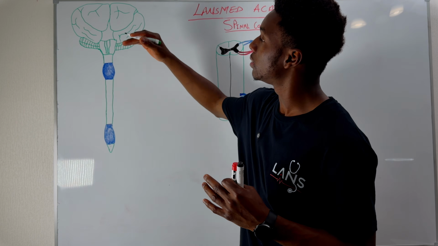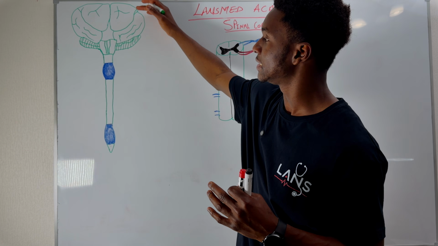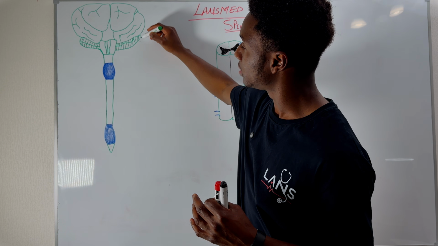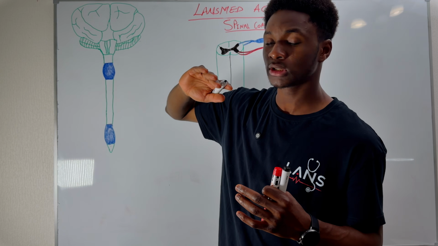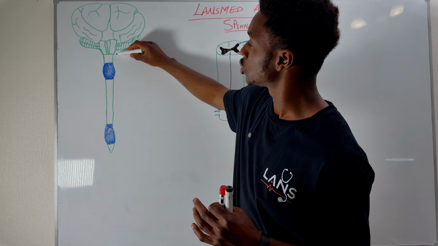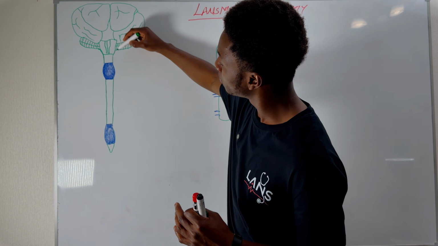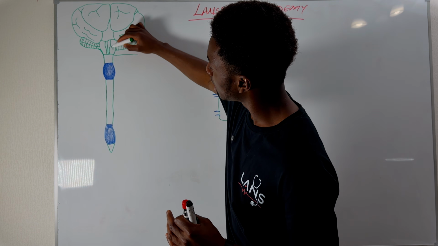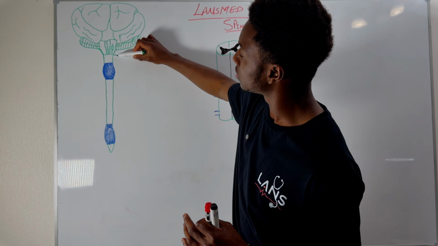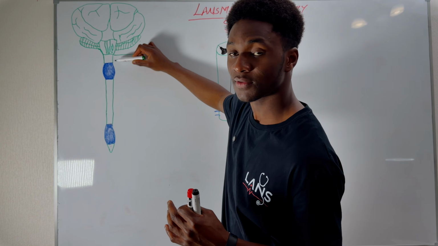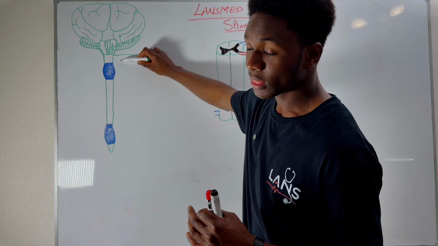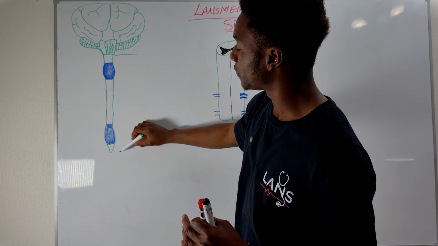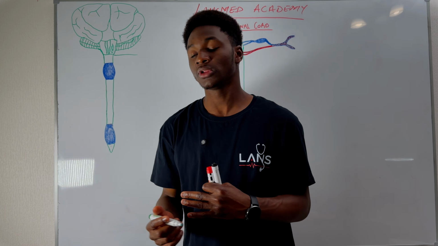So in the diagram on the board, we can see that we actually have our brain here. We have the brain, we have the cerebellum, and the spinal cord will begin as a continuation of the brainstem from the medulla oblongata. So this here is your medulla oblongata, and the spinal cord continues at this level where you have your foramen magnum, and it will descend downward to the region of your L1, L2 vertebrae.